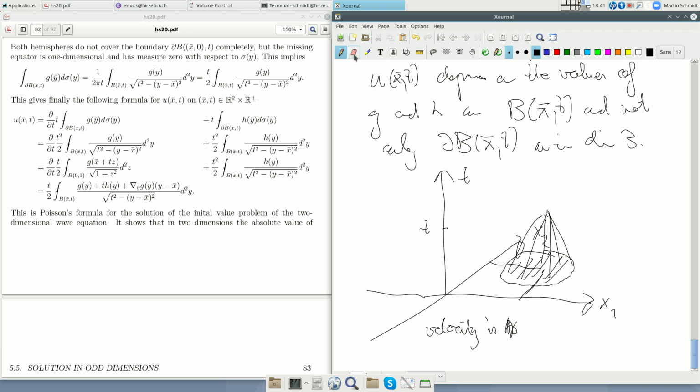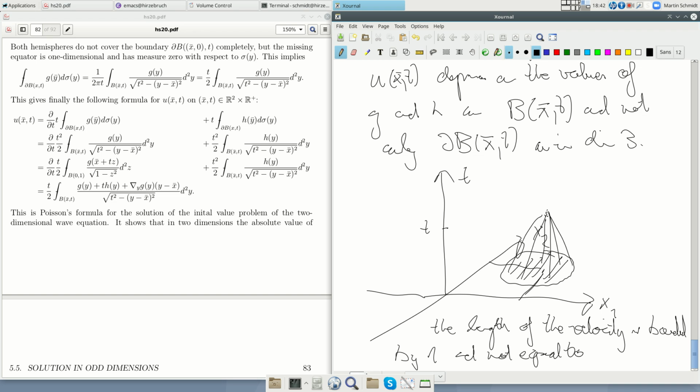the absolute value of the velocity is bounded by 1, and not equal to 1 as in dimension 3.